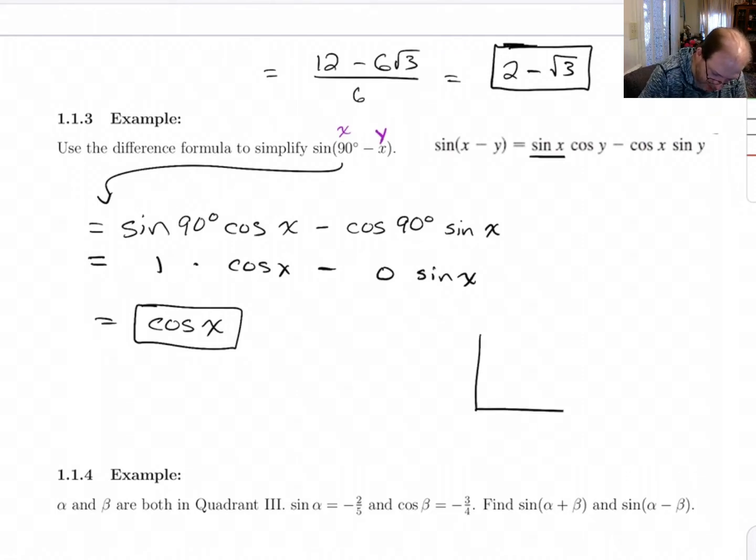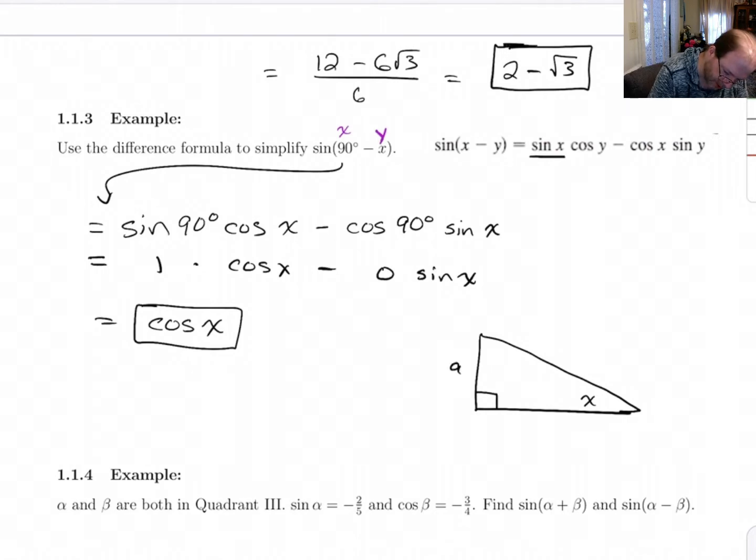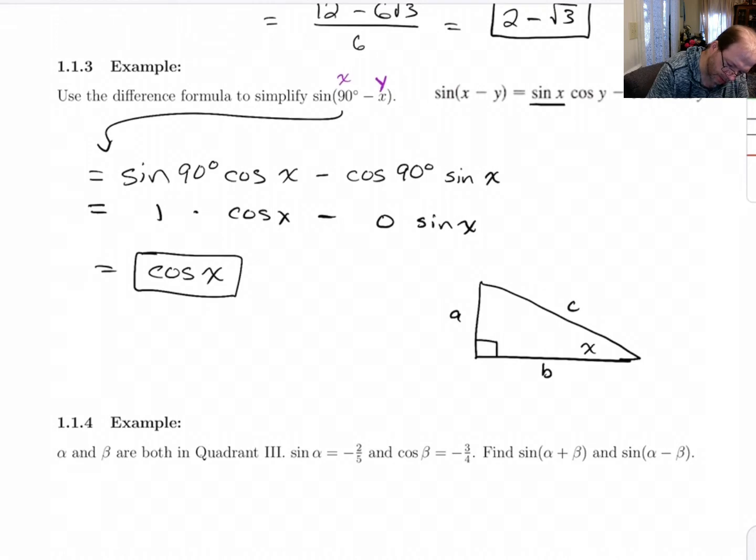But you know, if you have a right triangle, if this angle over here is x, I don't even have to call it degrees, just x, then if we label our sides here A, B, and C, this angle up here is 90 degrees minus x.